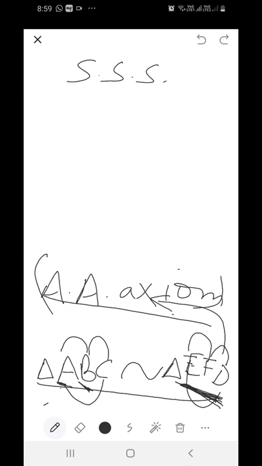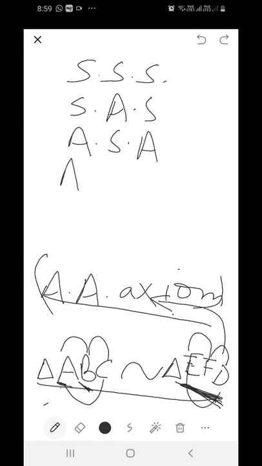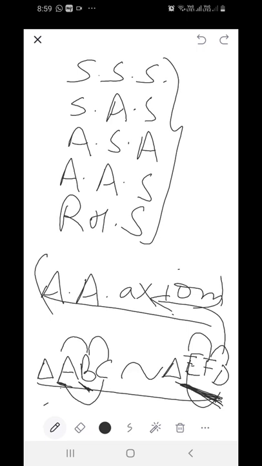These are the properties I am writing for congruency, not similarity. SSS. Then you have SAS, then ASA, AAS, and RHS. These are the 5 properties for the congruency of triangles.